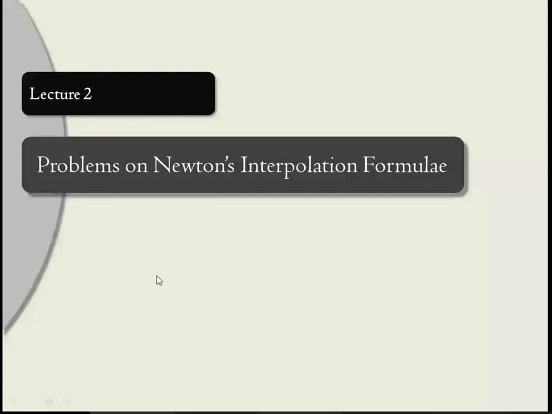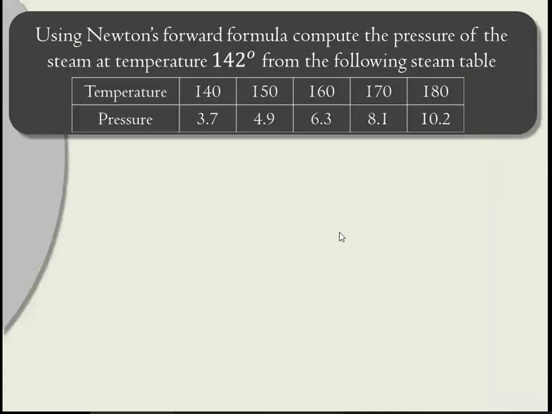So in this lecture number 2, we are going to see problems on Newton's interpolation formulas. So, the first problem. Using Newton's forward formula, compute the pressure of the steam at temperature 142 degrees centigrade from the following steam table.